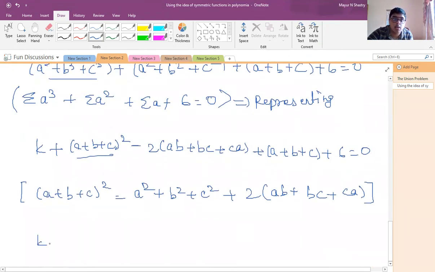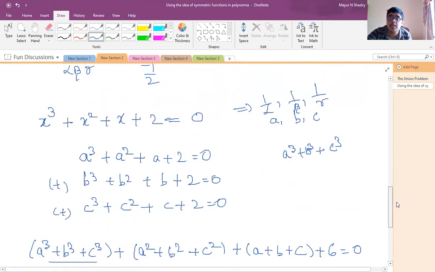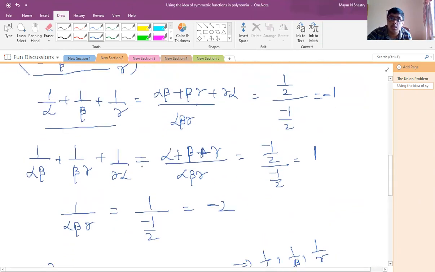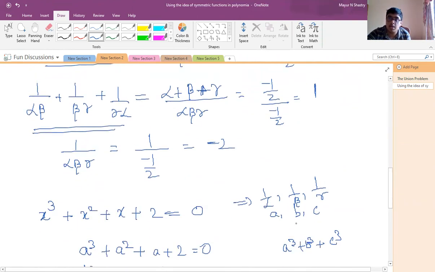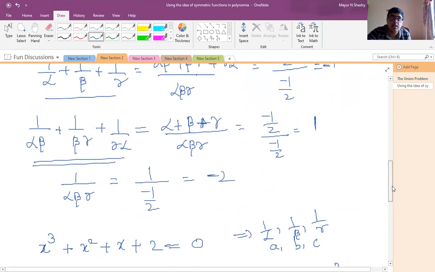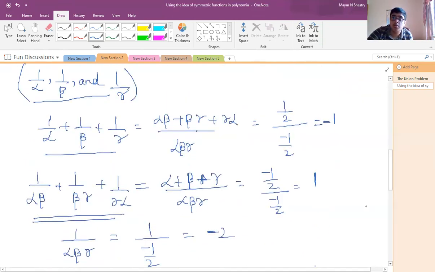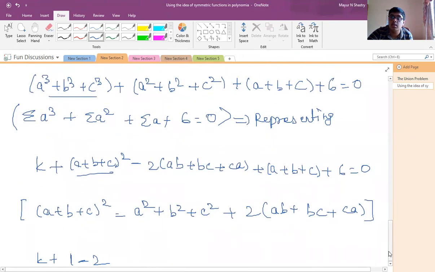So we have (K plus negative 1) the whole square is 1 minus 2 times (AB plus BC plus CA). That was AB plus BC plus CA is this expression, if you realize. Since A is 1 by alpha, B is 1 by beta, and C is 1 by gamma, you could just substitute and check. So this is going to give us 1.